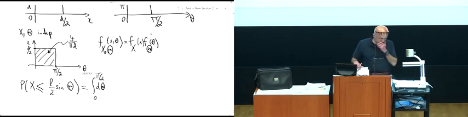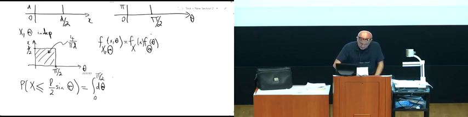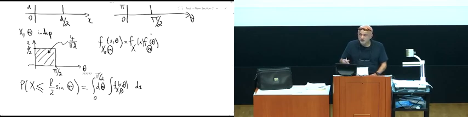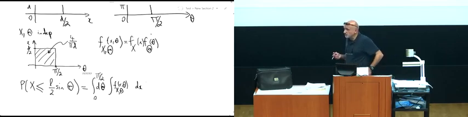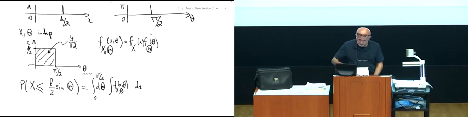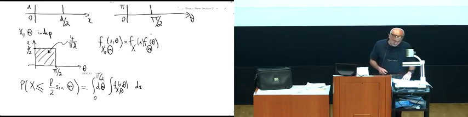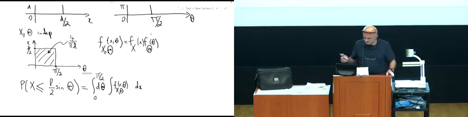So theta goes from 0 to pi over 2. What should I put as the limits for x? And remember, this is the joint density. I have to integrate the joint density over an appropriate region in the two-dimensional plane. So what should I put as the limits for x? Talk to each other, people.